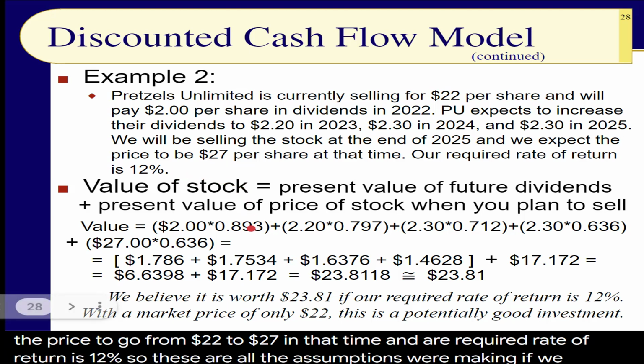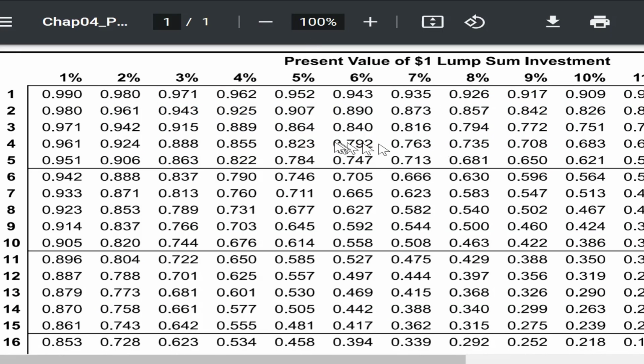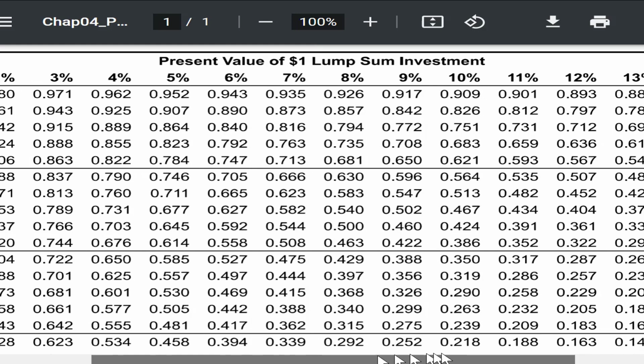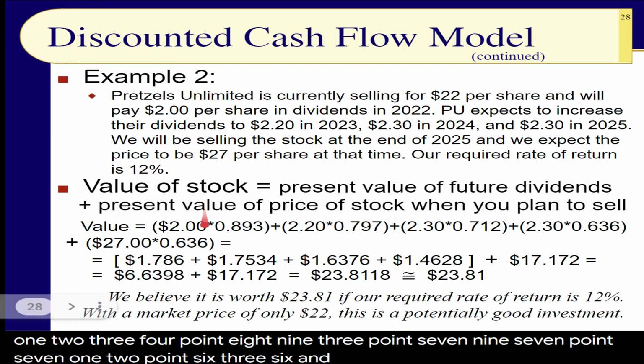If we use the numbers, let's go to the table, and if we run on over, how do I get to 12%? There's 12%. So we grab these four numbers: 0.893, 0.797, 0.712, 0.636. So remember those four numbers, right? Because we're going across to 12% and down years 1, 2, 3, 4, and there they are.